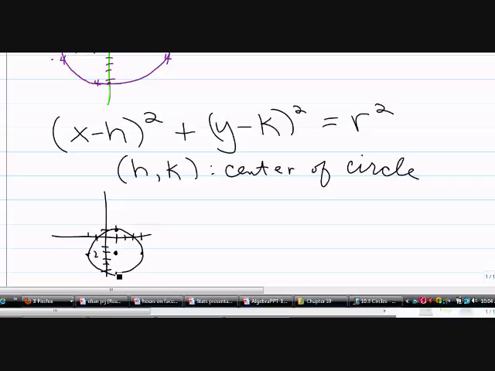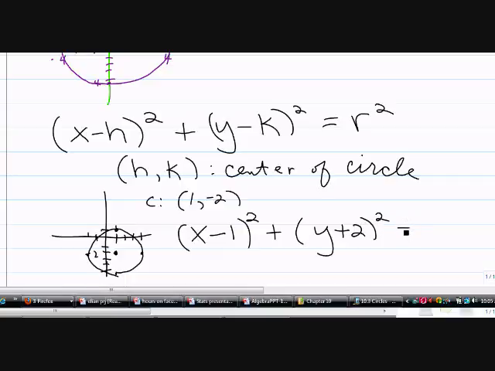There's my circle. Since its center was at 1, -2, the equation is x minus 1 squared plus, that plus sign is very important and necessary, y minus -2 squared equals my radius squared, and that radius was 3, so equals 9.